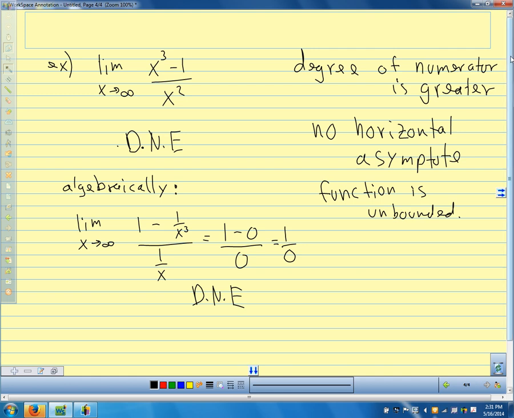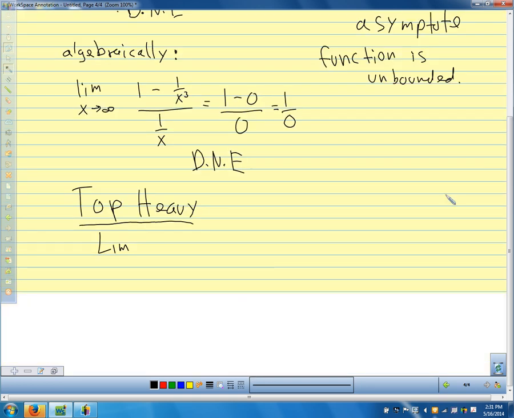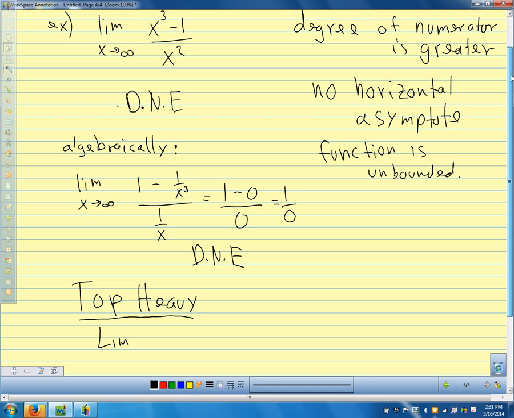We call this type of function, where the degree in the numerator is greater, top-heavy. When rational functions are top-heavy, the limit as x approaches infinity does not exist.